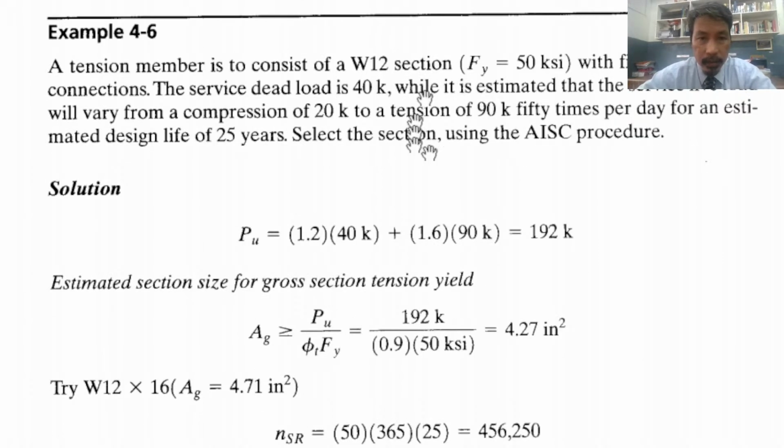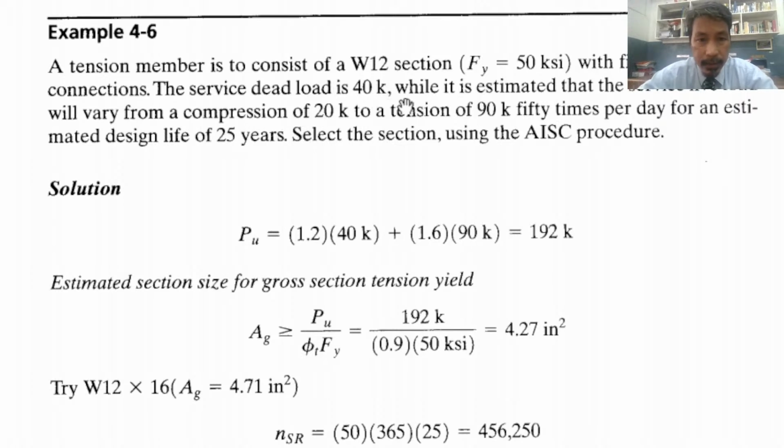So next, P_u is equal to 192. A tension member is to consist of a W12 section, F_y 50, with welding.